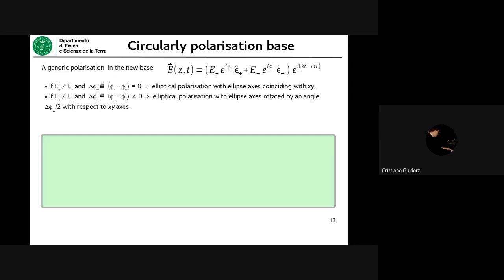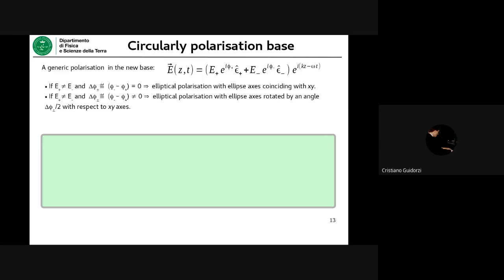If instead, in the most general case, neither the amplitudes nor the phases are equal, you have the most general case for a single monochromatic wave. So we are still considering a very special case of a single monochromatic wave.